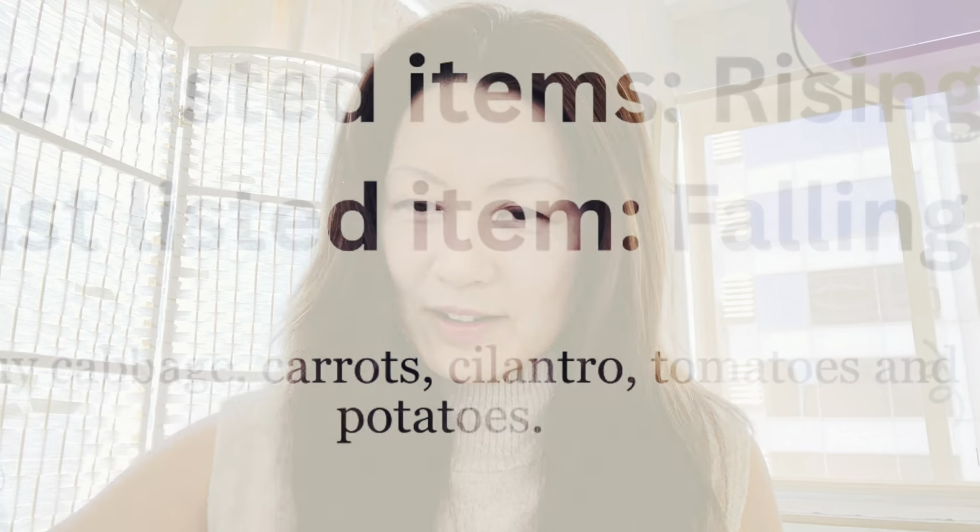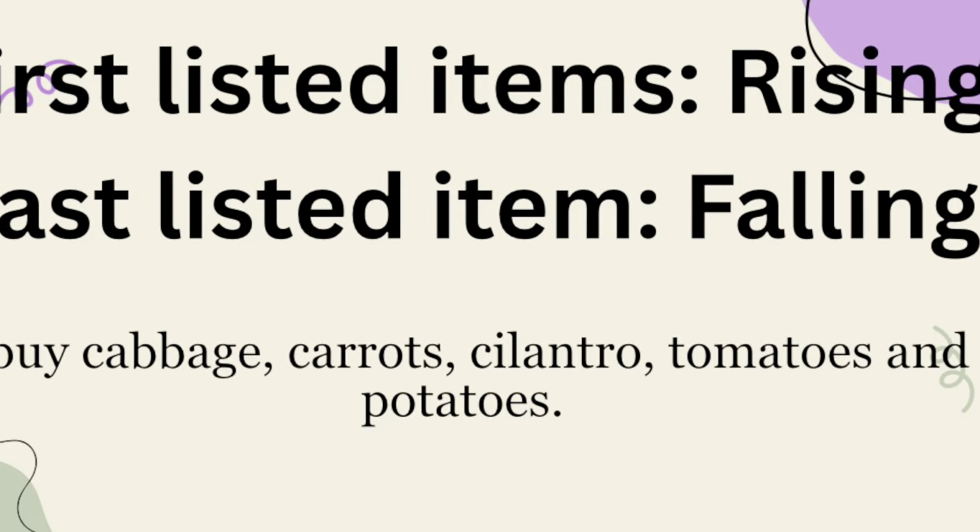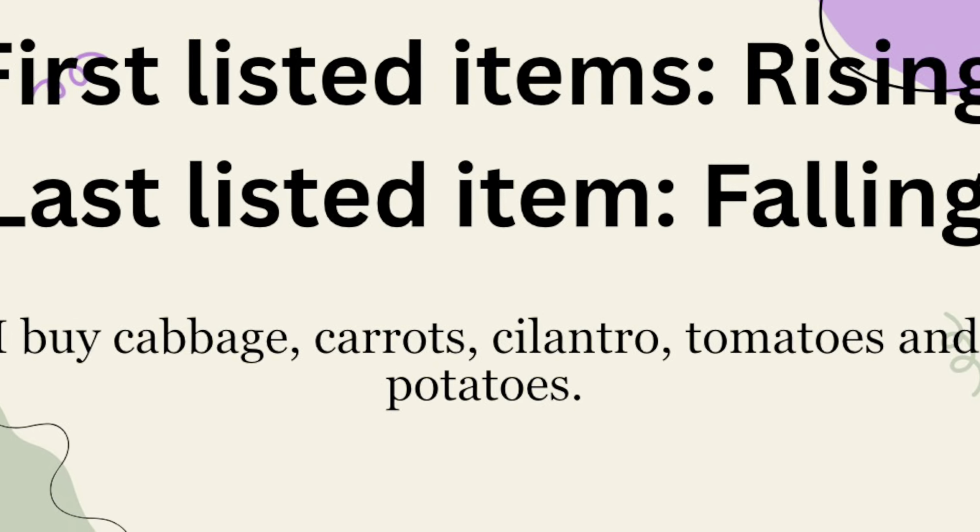So for example, I buy cabbage, carrots, cilantro, tomato, and potato. Right? So that helps the listener know what's coming next, right? It's still going, it's still going, it's still going, finished. So that's why I said, especially for phone numbers, we follow that pattern.